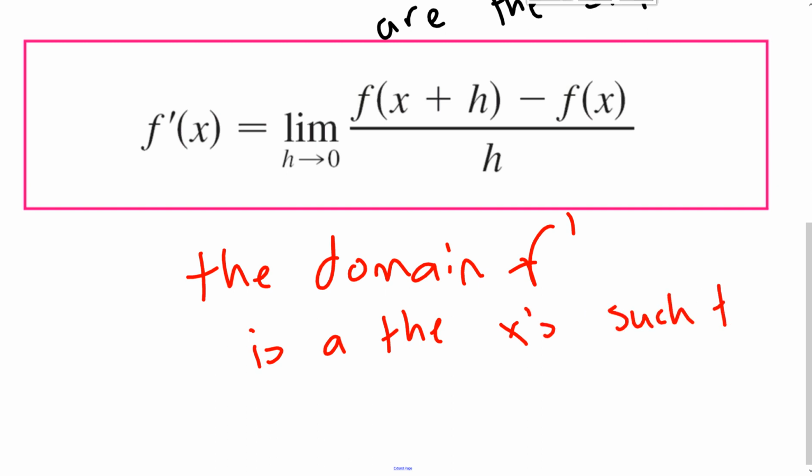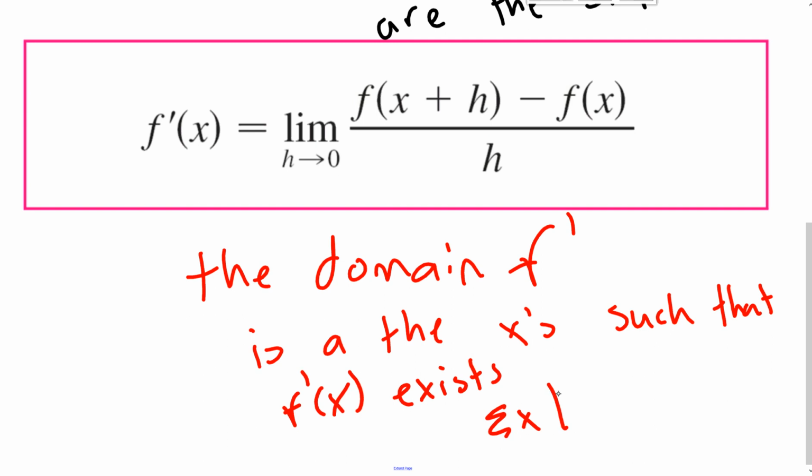So all the x's such that f prime of x exists. Or in technical terms, you could write it in set notation: all x such that f prime of x exists.